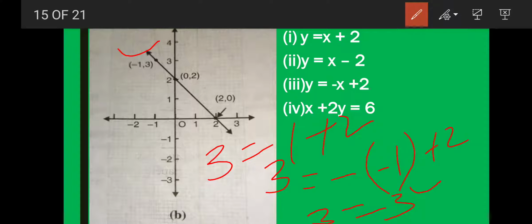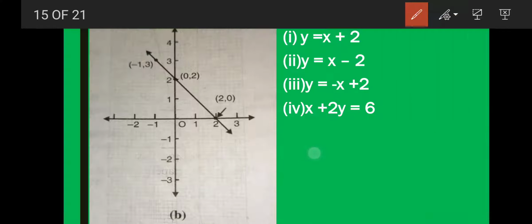Now we will check it for second point, that is 0 comma 2. Okay, here y is equal to 2 is equal to minus x, x is equal to 0, so minus 0 plus 2, that means 2 is equal to 2. This is also correct, this is also satisfied.